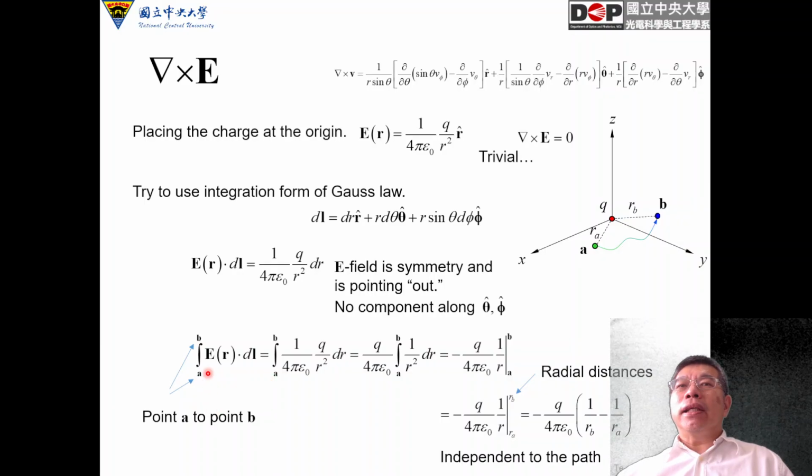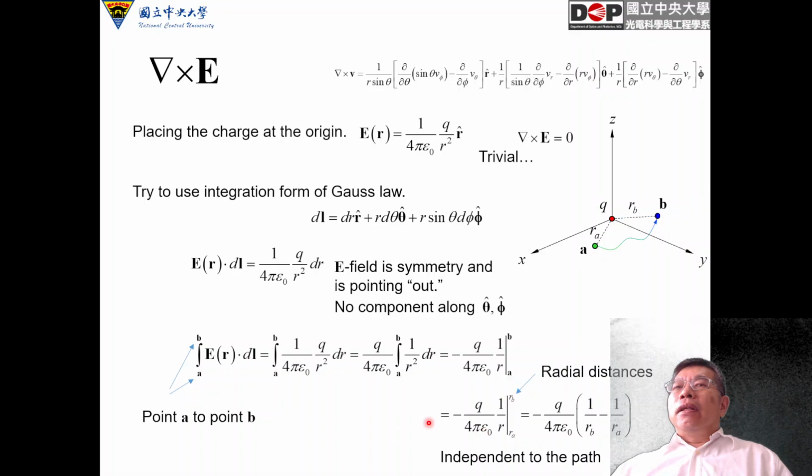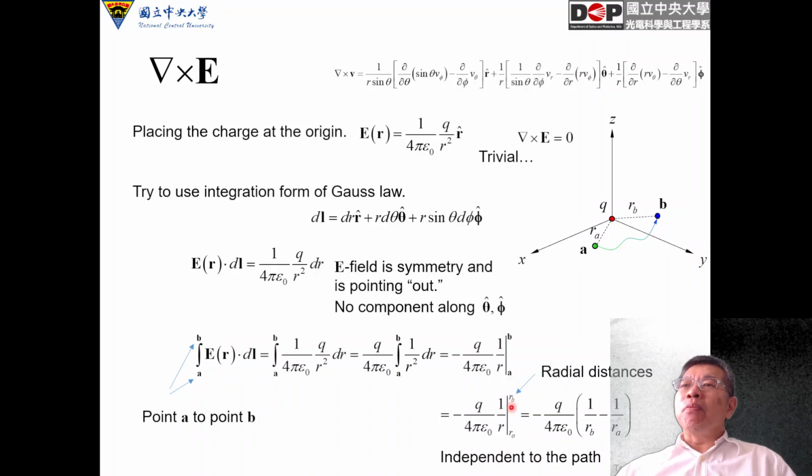So we take the line integration from point A to point B. It'll be something like this. For this electric field along certain paths, to do the path integral, only the initial point and final point are important.